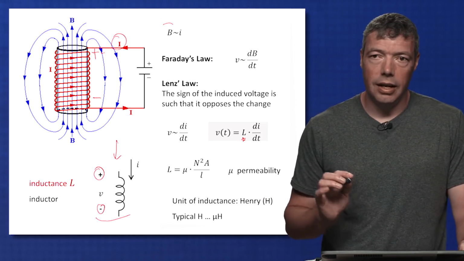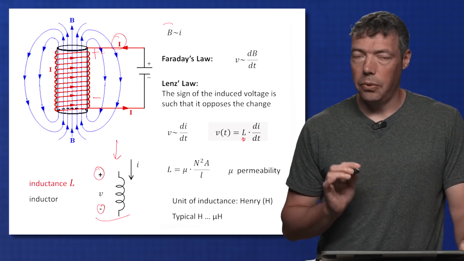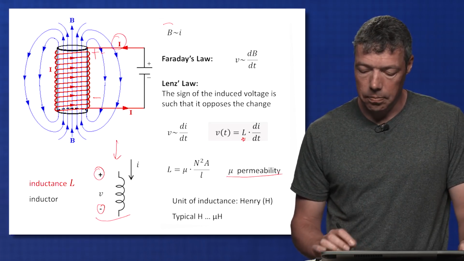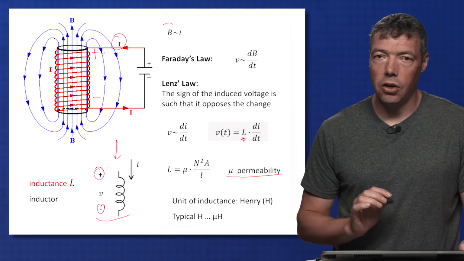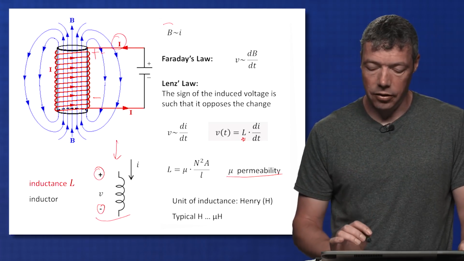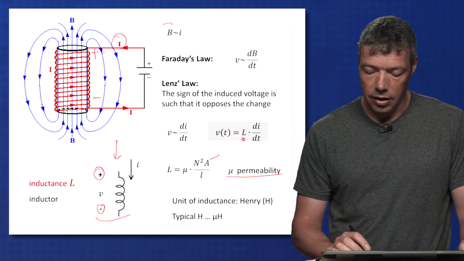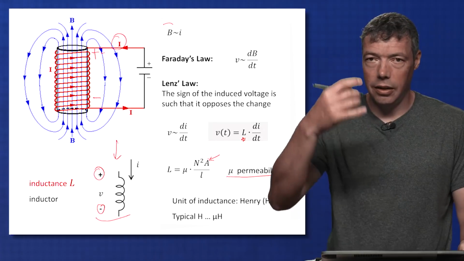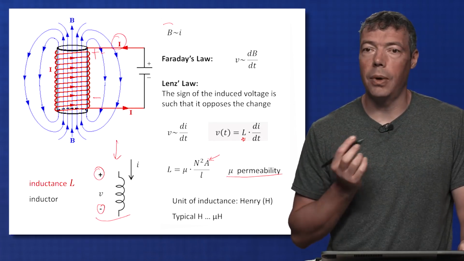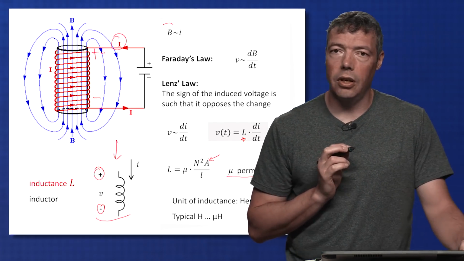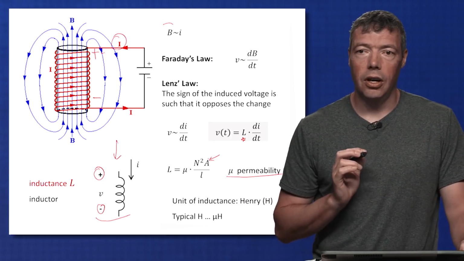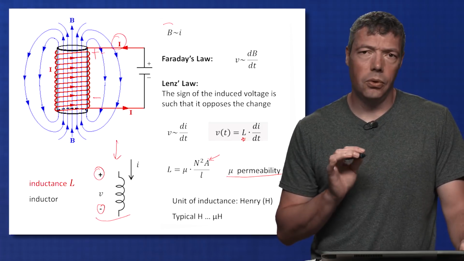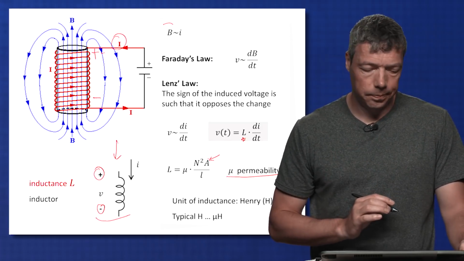Again, this L depends on the physical parameters of my inductor. It depends on the material property called the permeability, and also on the physical dimensions: the cross-section of the solenoid, the length, and N, the number of windings. The units of inductance are henries, and typical values range from a few henries to microhenries.